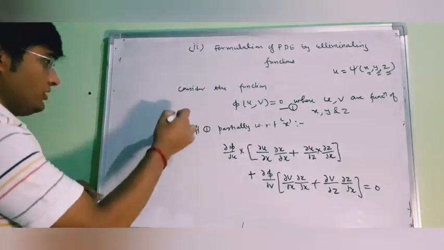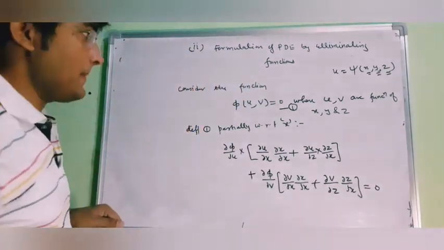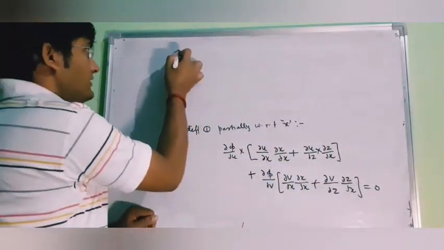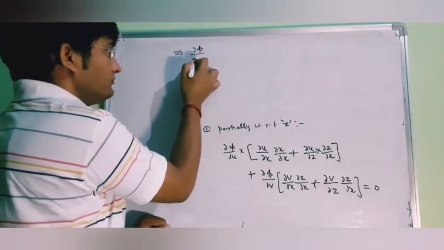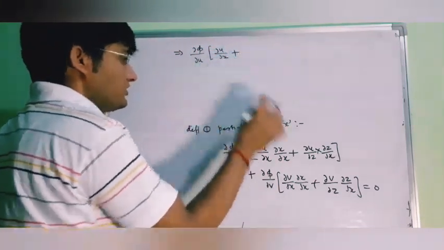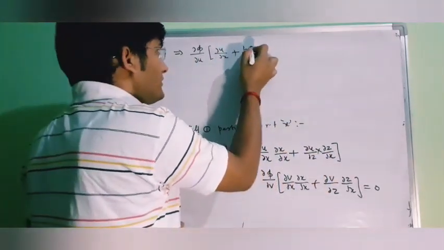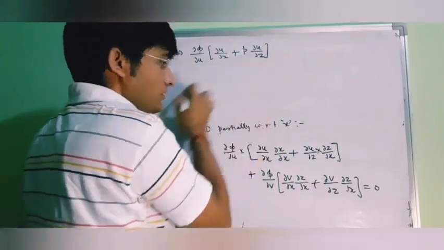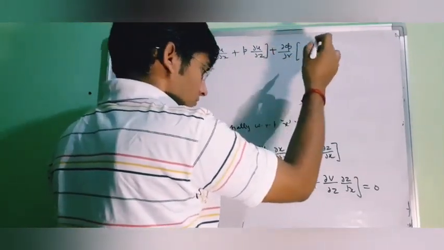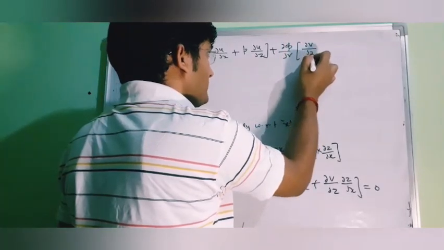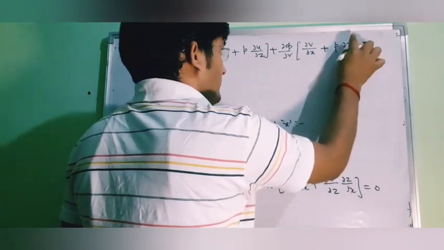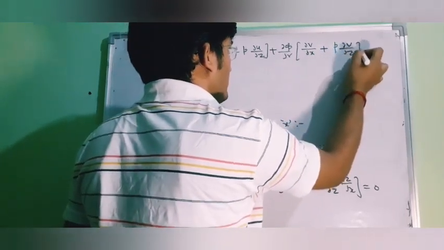So that means we can write it as ∂φ/∂u. Now ∂u/∂x, this is ∂z/∂x which is p, so we can write it as p ∂u/∂z. Then we will have ∂φ/∂v, and then here we will have ∂v/∂x plus q plus p times ∂v/∂z is equal to 0.